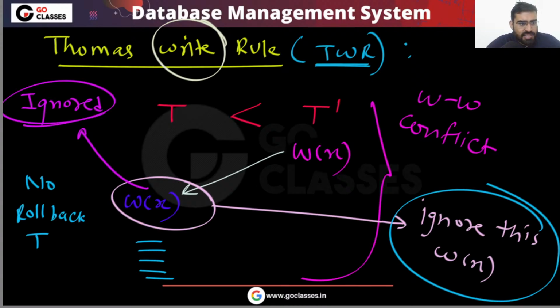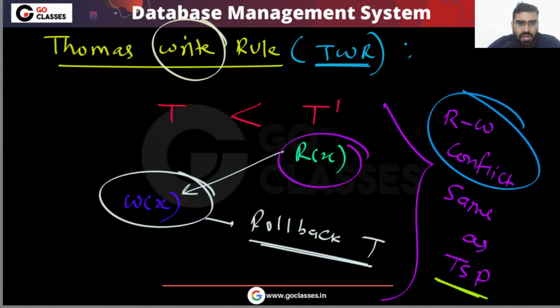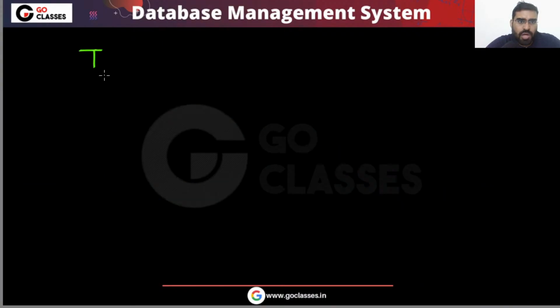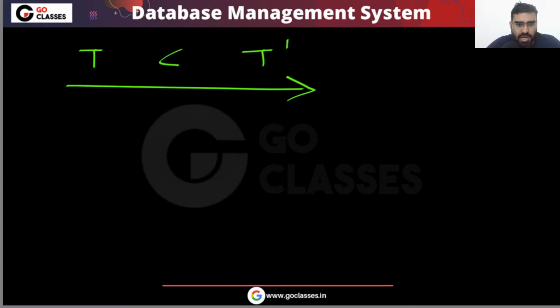The reason we have already seen in the lecture, and it is actually very simple. Why can we ignore this? Because remember, in this order things should happen. Do you agree that in this order conflict operations should happen, like T and T dash? Let's assume this is also doing the write operation.